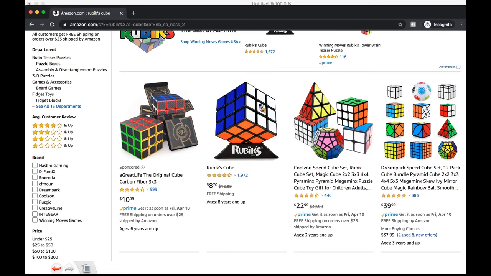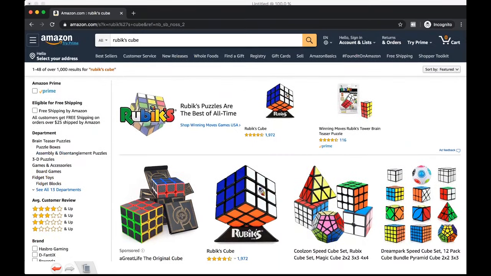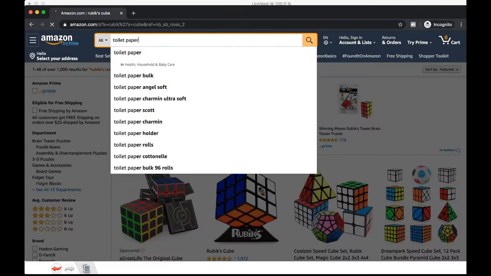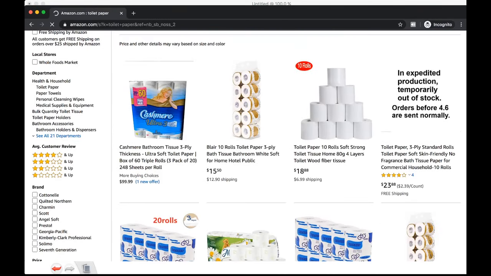Let's buy a Rubik's Cube. These ones on the left look pretty fancy, but we'll save some money and go with the $8.70 one. So $8.70. And then toilet paper will be $15.50. We'll go with this one here. $15.50.